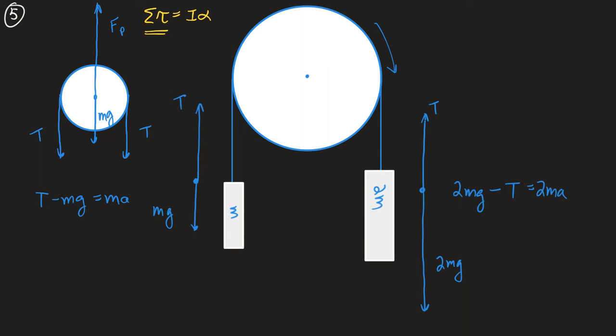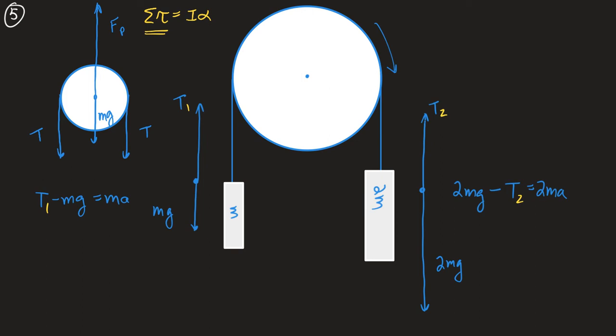is that the tensions are only equal if the pulley has no inertia. If the pulley has inertia, then the tension changes across the top of the pulley, with this being, say, T2 and this being T1. They are no longer equal, which means we can't use just those two relationships to solve for the acceleration of the system.